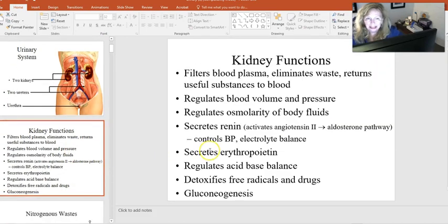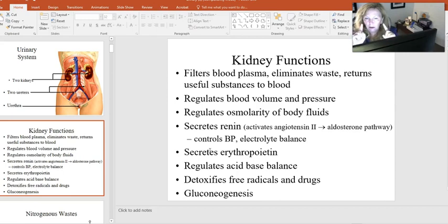And when we look at the kidney functions, I think most people understand by this point that the kidneys are filtering blood plasma. Blood plasma, which we learned in hematology is predominantly water, when filtered will not only remove waste products or products that are in excess that we need to clear from the system, but also water from the blood plasma.